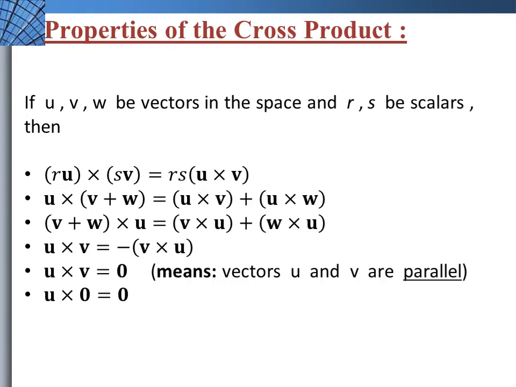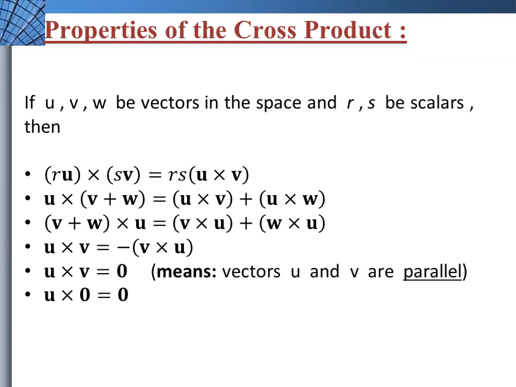The properties of the cross product: if u, v, w are vectors in space and r, s are scalars, then ru cross sv equals rs times u cross v. Then u cross (v plus w) equals u cross v plus u cross w, and (v plus w) cross u equals v cross u plus w cross u.